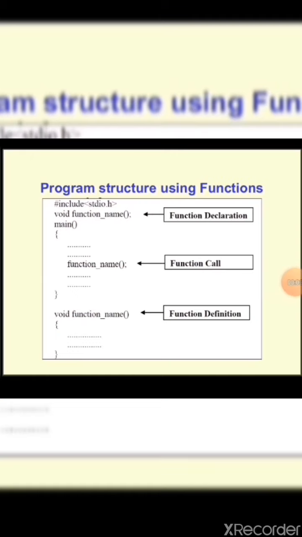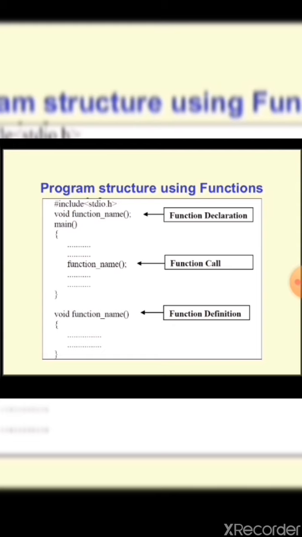Let us see how to write those functions inside a program. As we already studied, we will be using hash include and main. That main is now considered as the day of the event, whatever we are doing. Here, if you observed, we are writing the function declaration before main. That is like, before the day of the event, we are identifying the photographer who will come on the day of the event and take the photos.